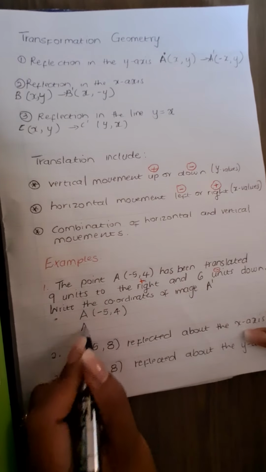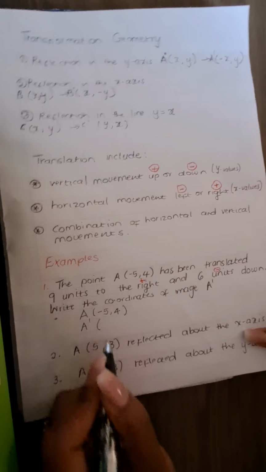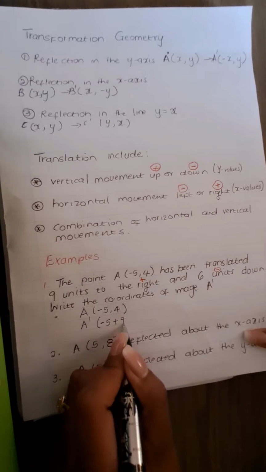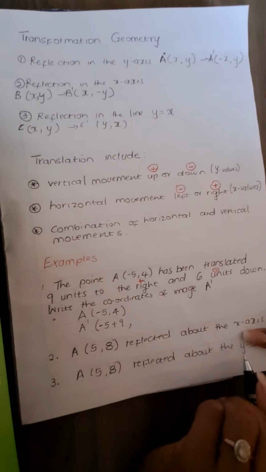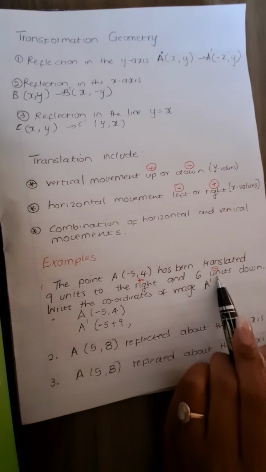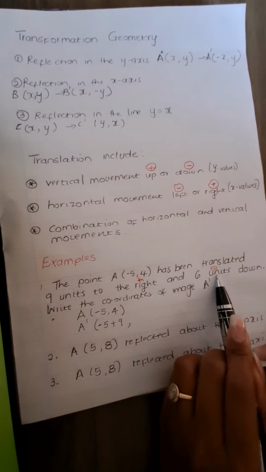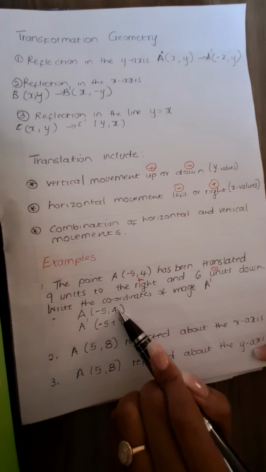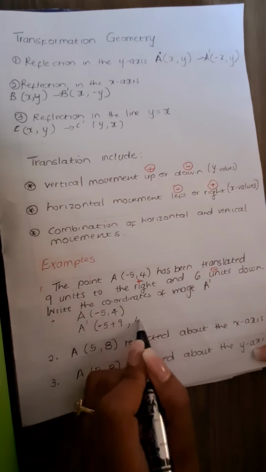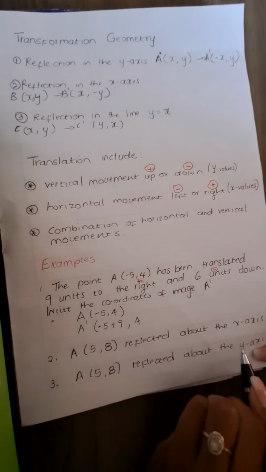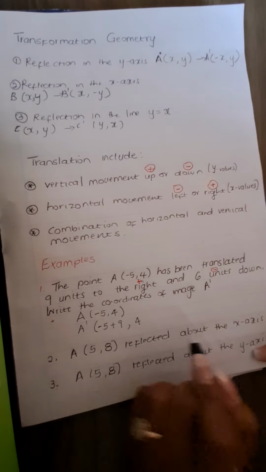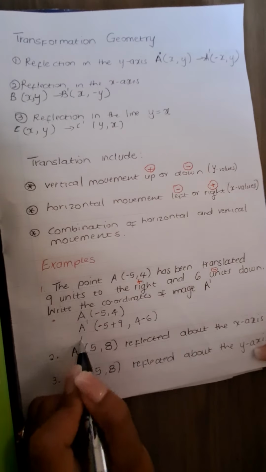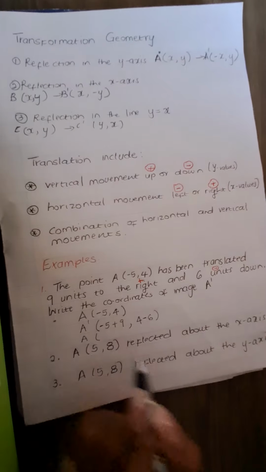So my A prime will be -5 + 9. And then they are telling us 6 units down. Down means negative, and down goes with your y coordinate. So you bring down your original coordinate, which is 4, and then 6 units down, meaning -6.